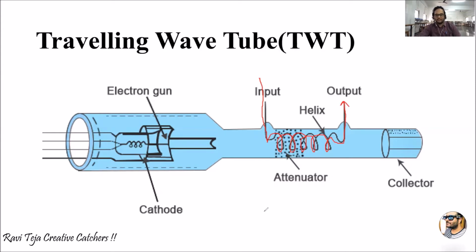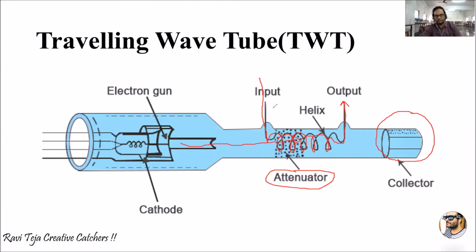This is an attenuator, which looks after the attenuation of the signal: if the power is more, it will be reduced according to the limits. At the end of the tube we have a collector, which is generally used for collecting all the electrons coming from the electron gun.